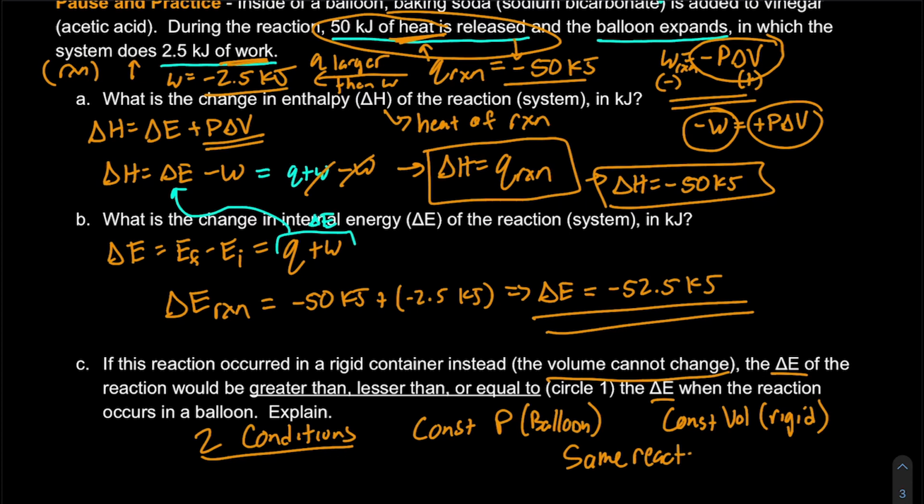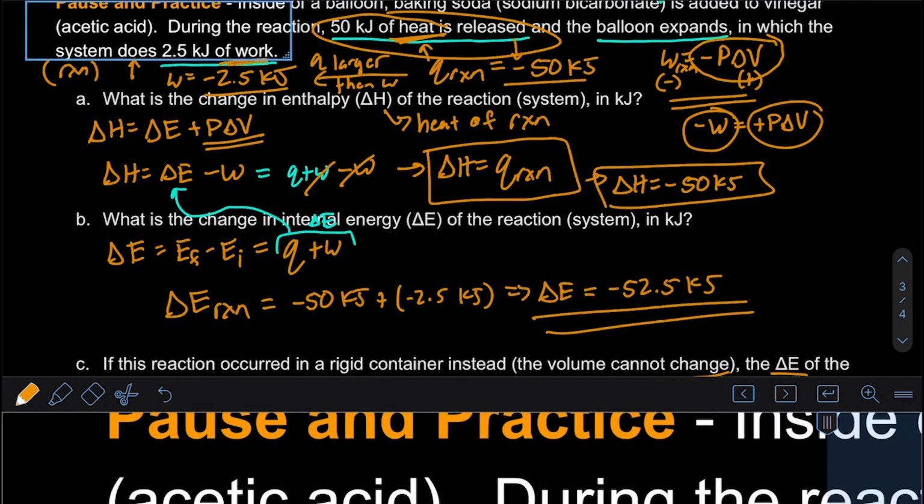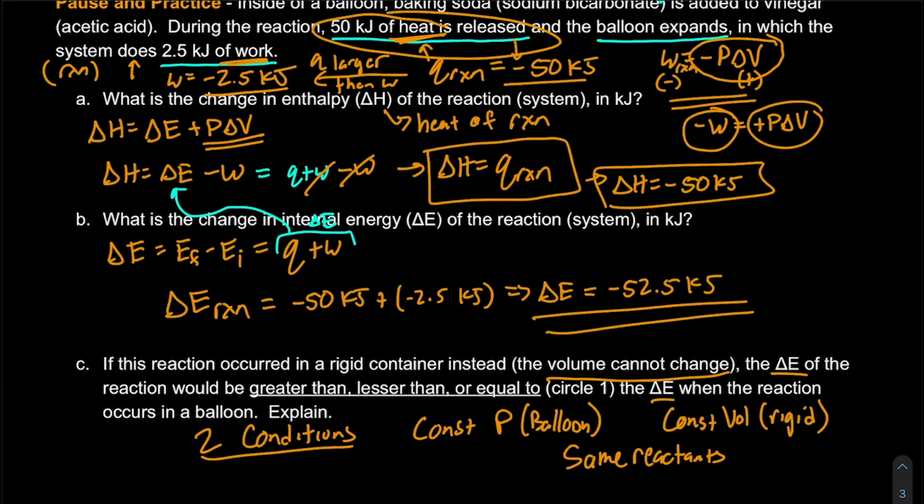Well, we have the same reactants, so we haven't changed what our reactants and products are. The only difference is that we have different reaction conditions. Here our delta V is positive.